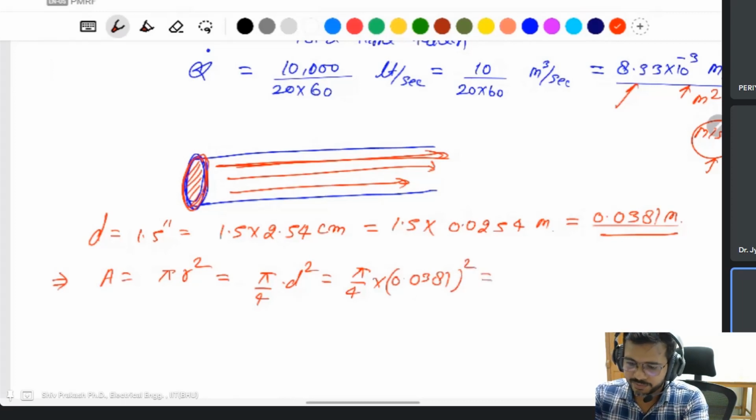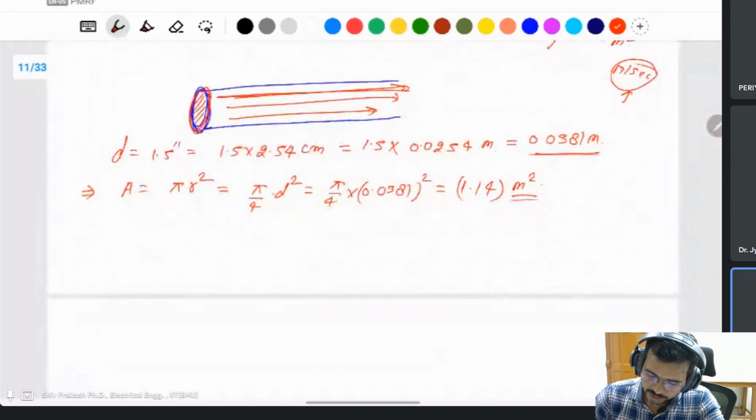What will this be? 0.0381 square times pi by 4 is 1.13395, which you can say is 1.14 × 10^-3 meter square.